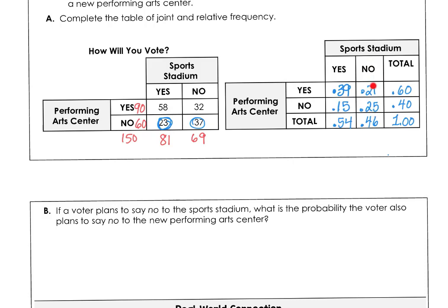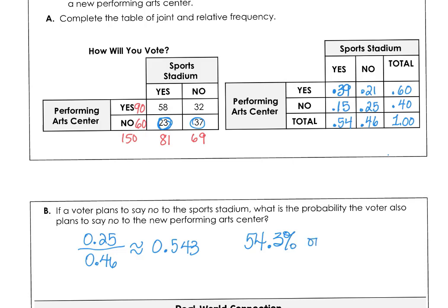And the total in the no column was 46%. So our probability would be 25% out of a total of 46% saying no, which is, using our calculator, about 54.3%.